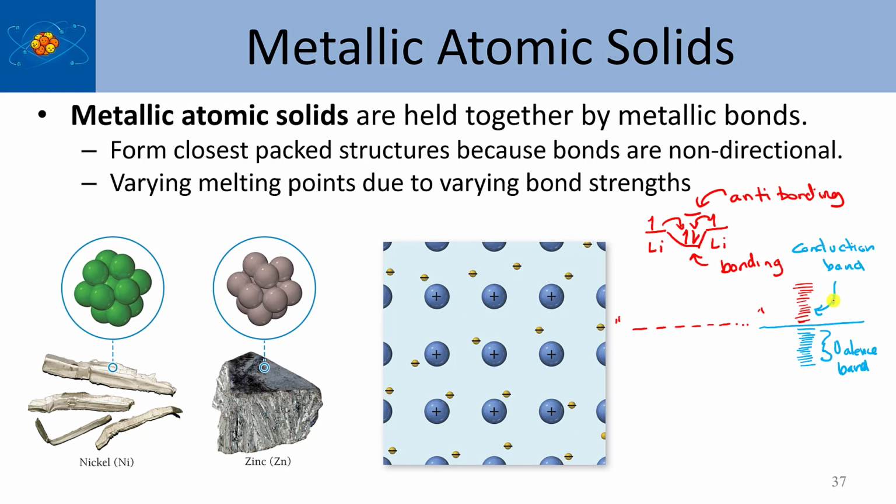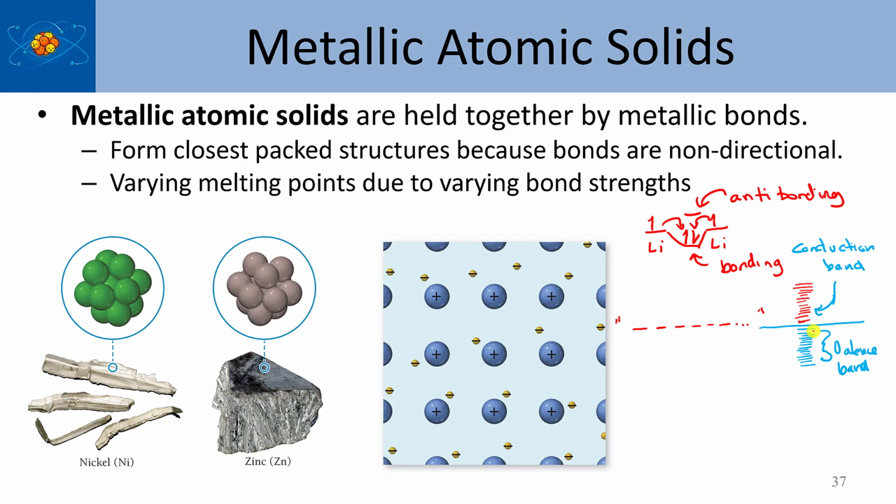Okay, so now we're thinking about a metal, and I'm going to make you think about a wire. How do electrons actually move from one end of the wire to the other end of the wire? The valence band is completely full, and it's occupied with electrons that aren't moving. They're around the atoms, and they're freely shared. But they actually aren't moving in the sense that we want to think about them in terms of electrical conductivity.